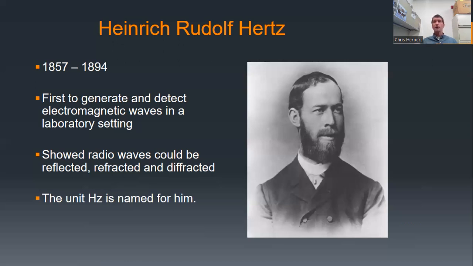And along comes Heinrich Rudolf Hertz to actually demonstrate this experimentally. Obviously everybody knew that light was around. I think Young had already demonstrated interference, but Hertz was the first to generate electromagnetic waves through this process.